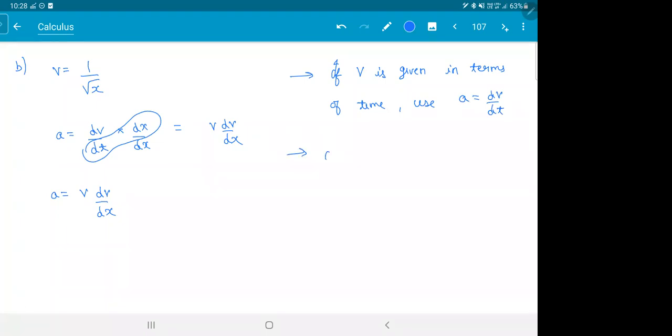If v is given in terms of position, use acceleration is v dv by dx.